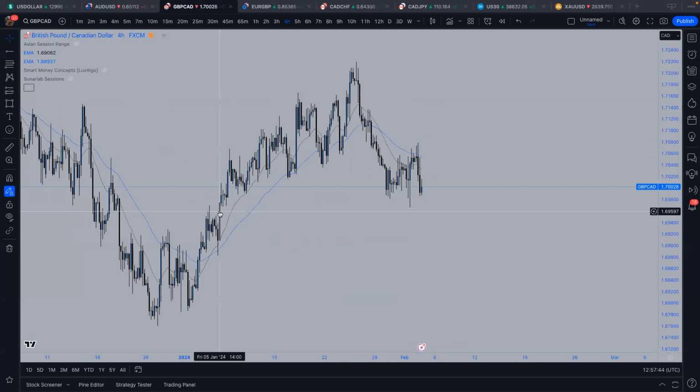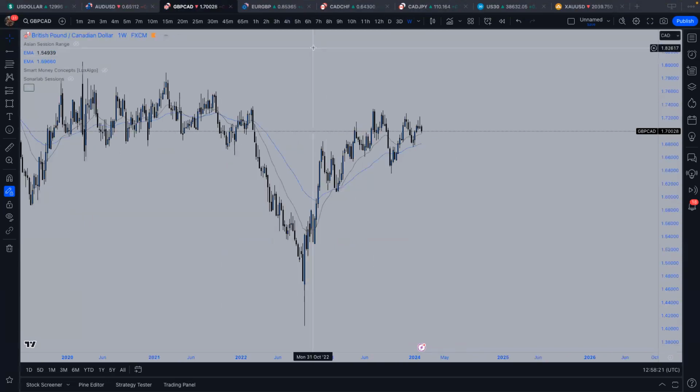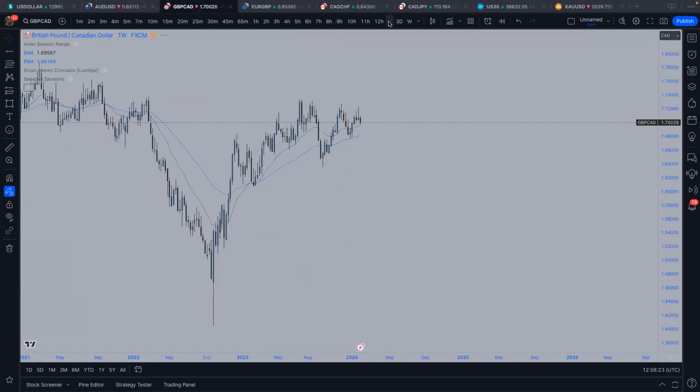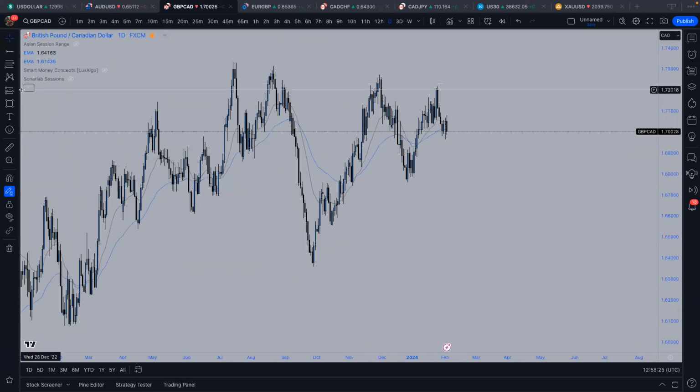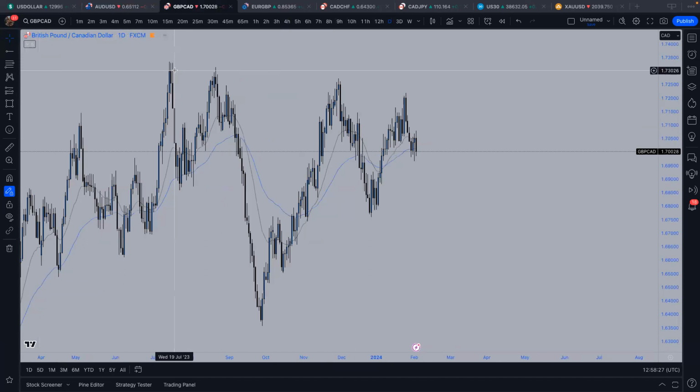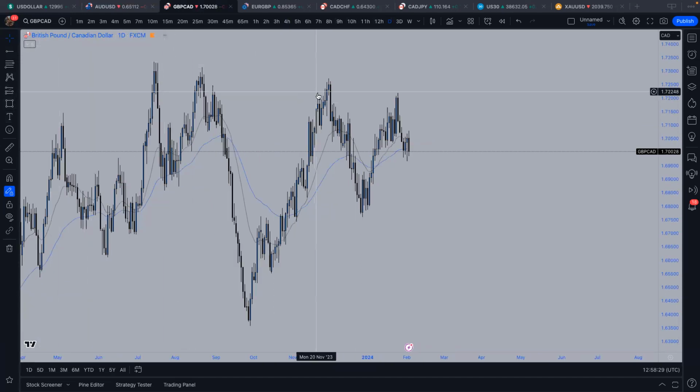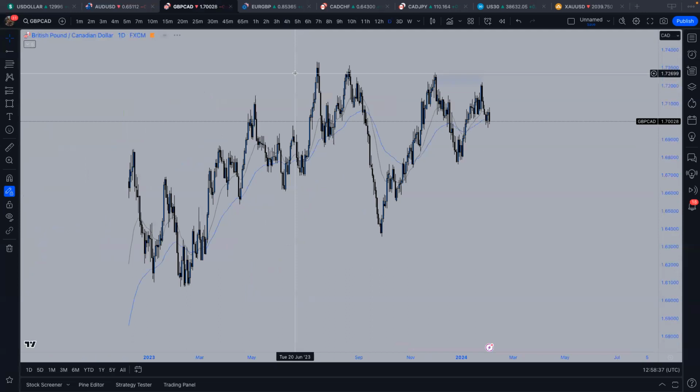I had literally been waiting for this one zone for ages, and it's only now finally happening. So, pound CAD came up, mitigated in this zone. That was really nice. And then potentially looking to start heading back down a bit.